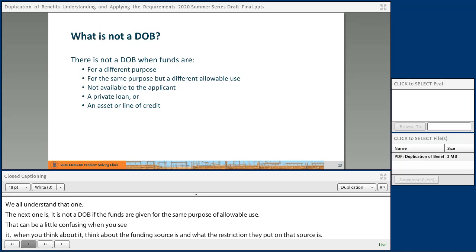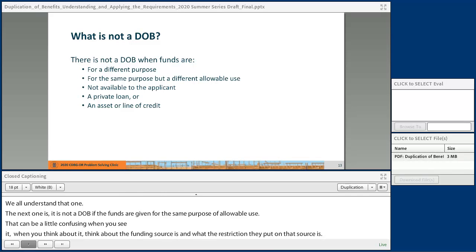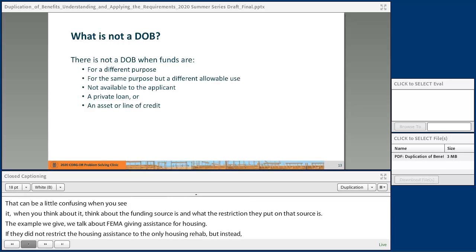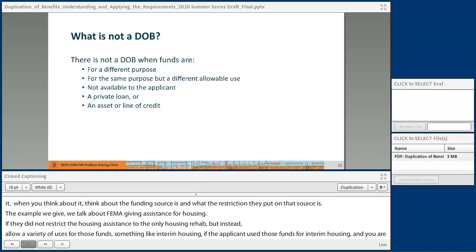If they didn't restrict that housing assistance to, let's say, only housing rehab, but instead allowed a variety of uses for those funds, something like interim housing, and the applicant used those funds for interim housing while you're running a housing rehab program, then while the funds are both for housing, they have different allowable uses. So if the applicant was allowed to use those funds for interim housing, and you have rehab funds, those are not a duplication of benefits.